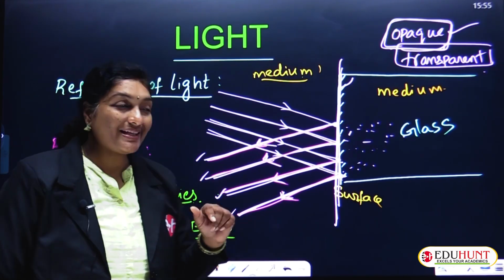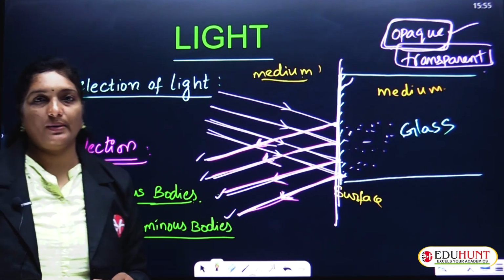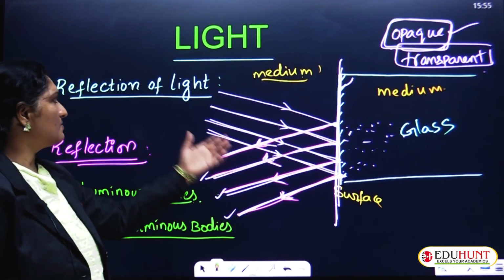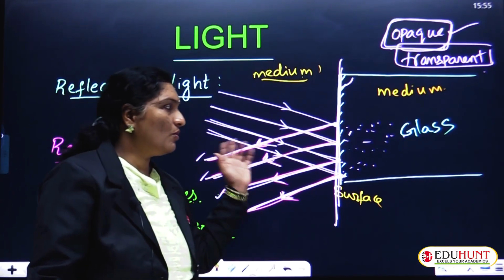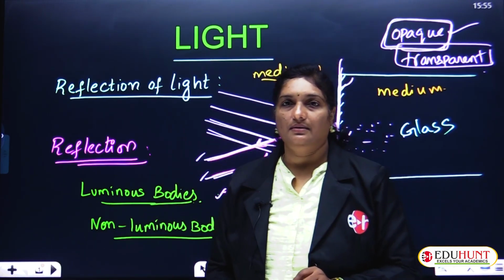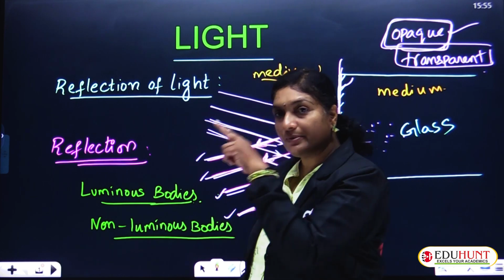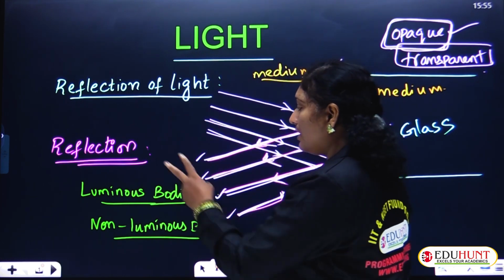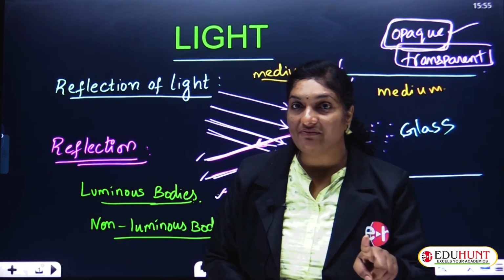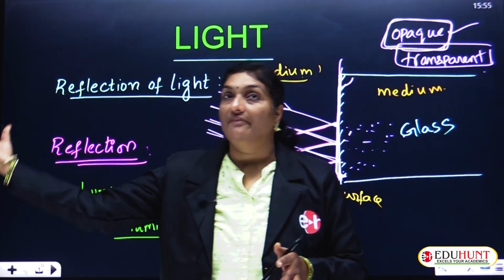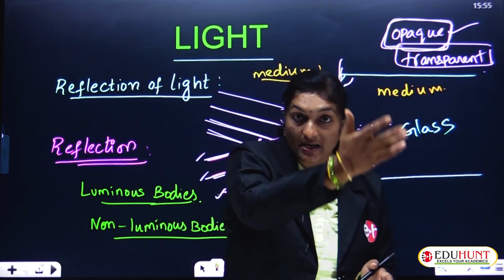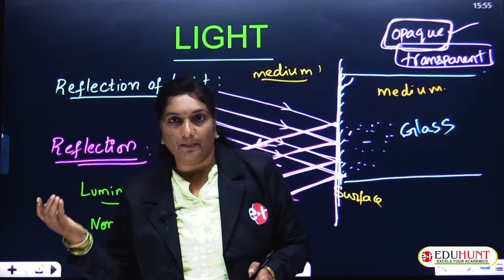What makes the difference is that non-luminous bodies are not directly seen. This board, this pen, the wall, everything are non-luminous bodies. That means we are able to see the board, the wall, the pen, the desk, the table, everything only when the light, after falling on those objects, is sent back to the same medium.